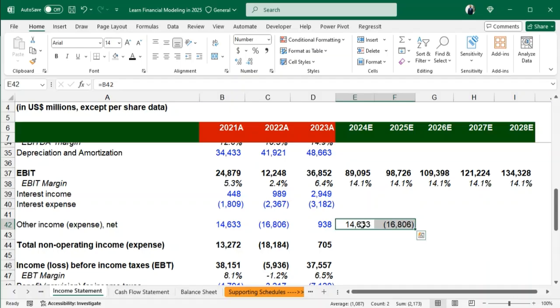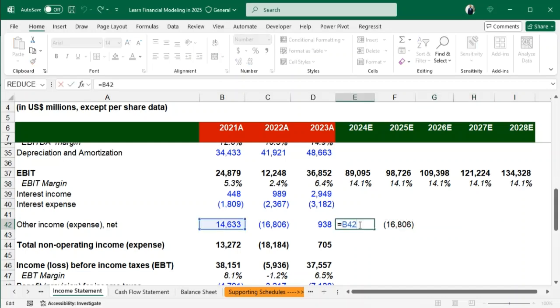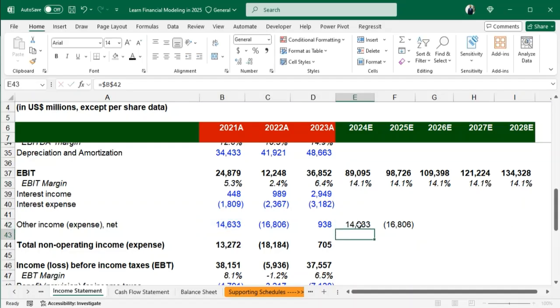And what I'm going to do is, this figure here actually is an outlier because it's a lot lower than the figure we are seeing here. So we are going to remove this outlier and project only these two items. So I'm going to copy this and paste. So what I'm going to do is to anchor this using F4.